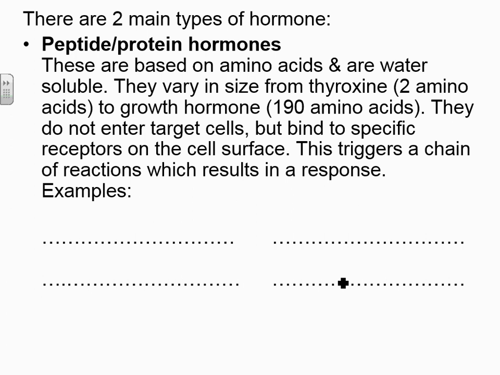So if you were to give someone tablets of growth hormone, or the same thing, of course, with insulin, that's why people with diabetes need to take injections of insulin. I can't remember how many amino acids there are in insulin, but there's 2 chains, and there might be about 50-something. But if you gave somebody insulin tablets, they'd just digest it like a protein, and it wouldn't get into the blood and it wouldn't do its job.